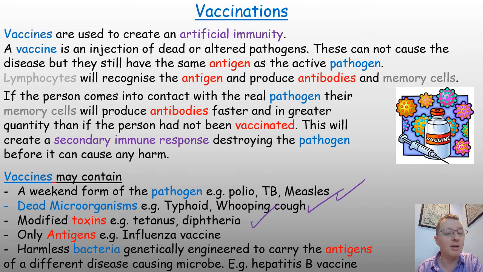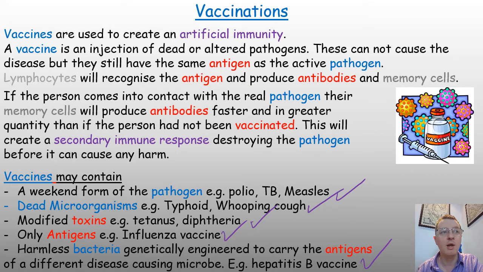The vaccine may contain only antigens, for example the vaccine to the influenza virus. Vaccines may also contain harmless bacteria that have been genetically engineered to carry the antigen of different disease-causing microbes. For example, hepatitis B vaccine.